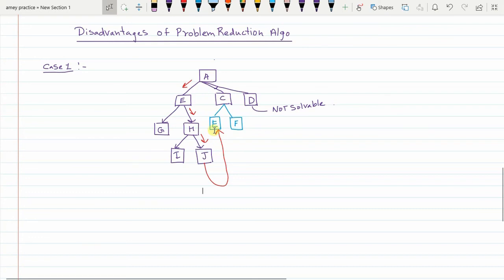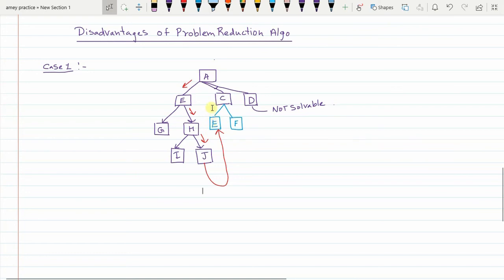But it was not explored. Why? Because this particular branch was considered by the problem reduction algorithm, so the other branches were not considered. Because of this, the problem reduction algorithm does not know that after expanding node C there is E. This path is not known to the algorithm.